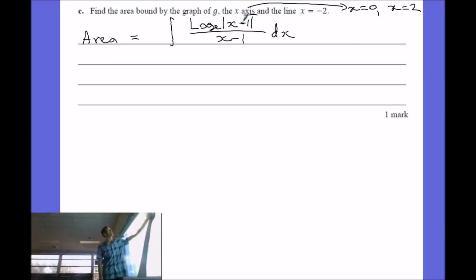So what we will see is that the minimum limit will be the smallest negative, which is down there at negative 2. And then we integrate up to the bound with the x-axis, and that's at the origin, 0. So these numbers, between minus 2 and 0, are all negative numbers.